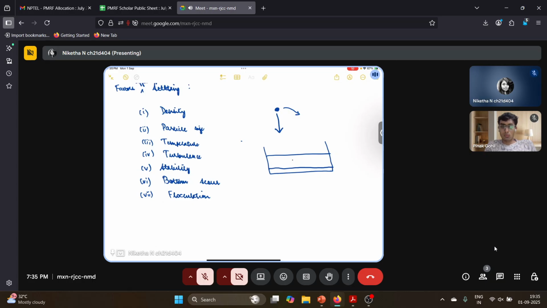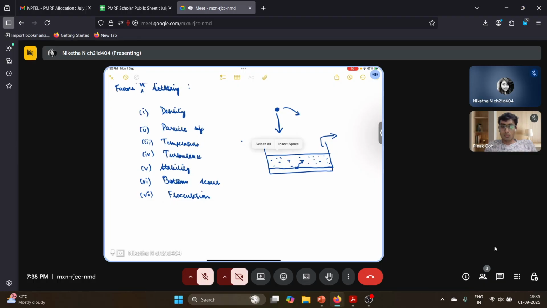Sometimes due to the flow of water, if the settled particles are not removed, then with the water flow these settled particles will also rise up, repopulate the water in the tank, and come down along with it. So this needs to be avoided. This is bottom scour.